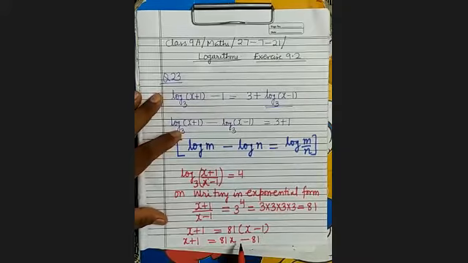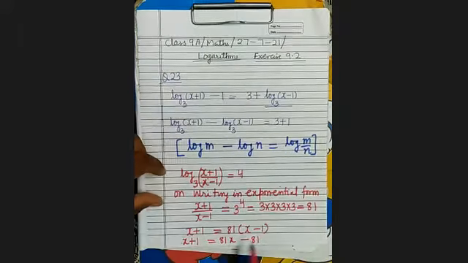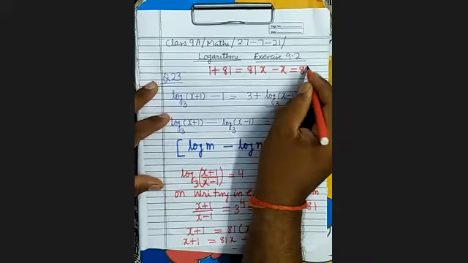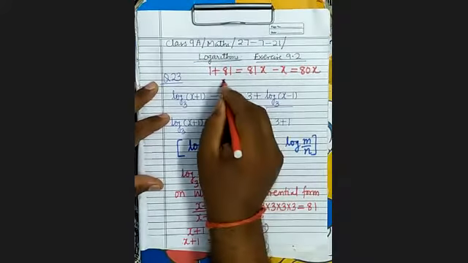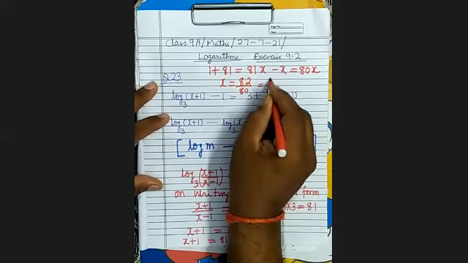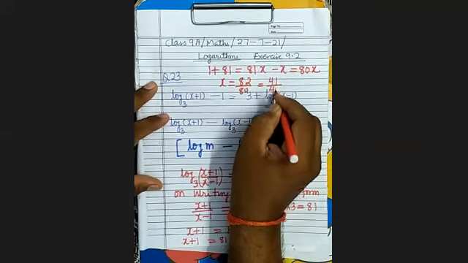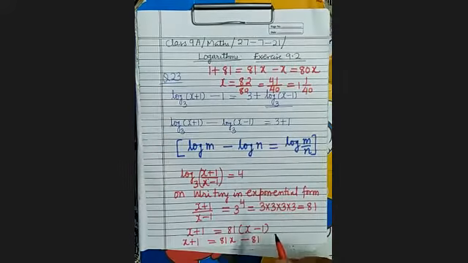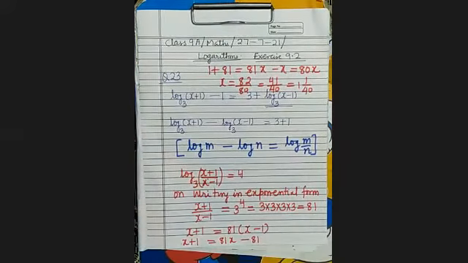Now I am simplifying here. You bring x in right hand side, minus 81 in the left hand side. So 1 plus 81 equals to 81x minus x, that is 80x. So what is x? 82 upon 80. That is 41 upon 40. Means 1 whole 1 upon 40.